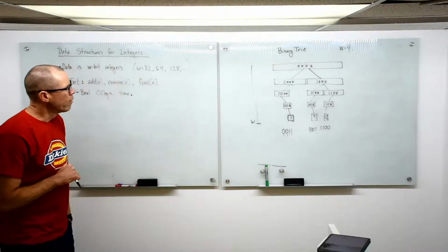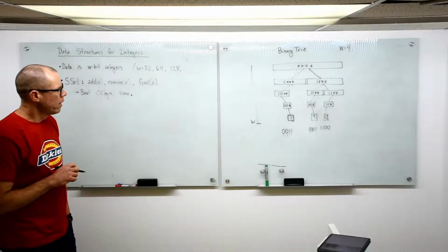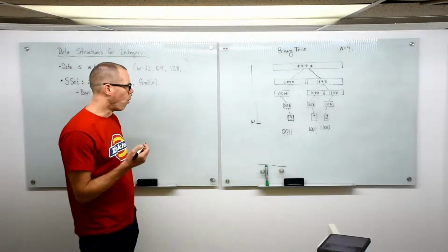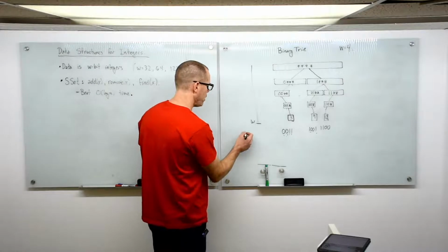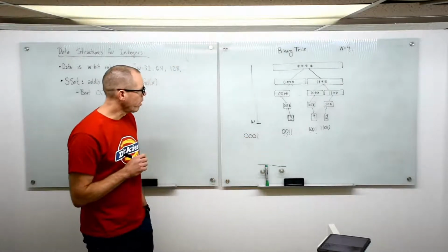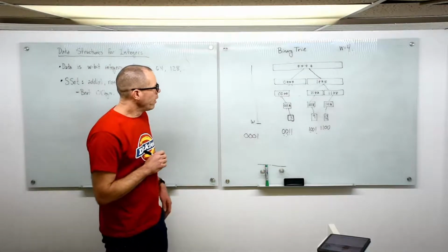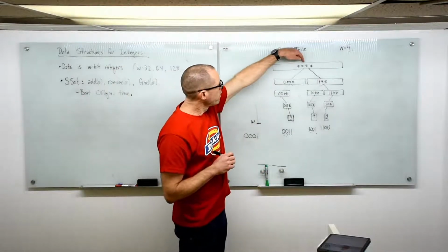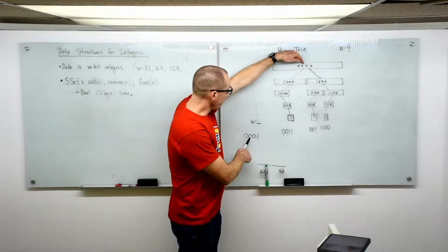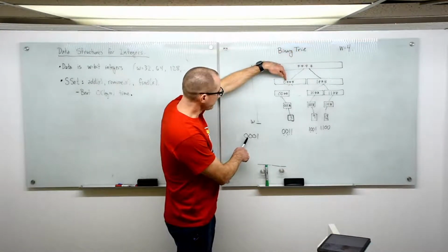For instance, let's say I wanted to add 1. So 1 is 0, 0, 0, 1. That's the 4-bit representation of 1. Then I would start at the root and say, okay, I need to go left because the first thing is a 0.